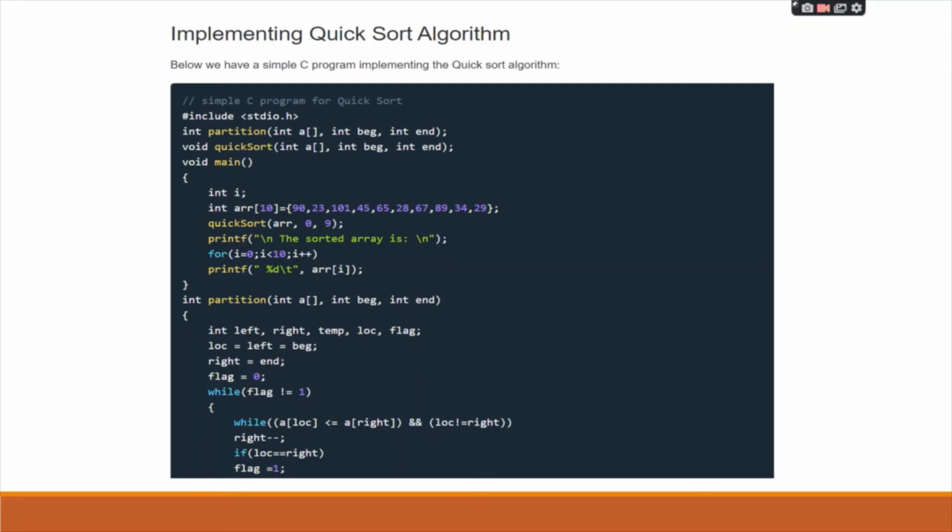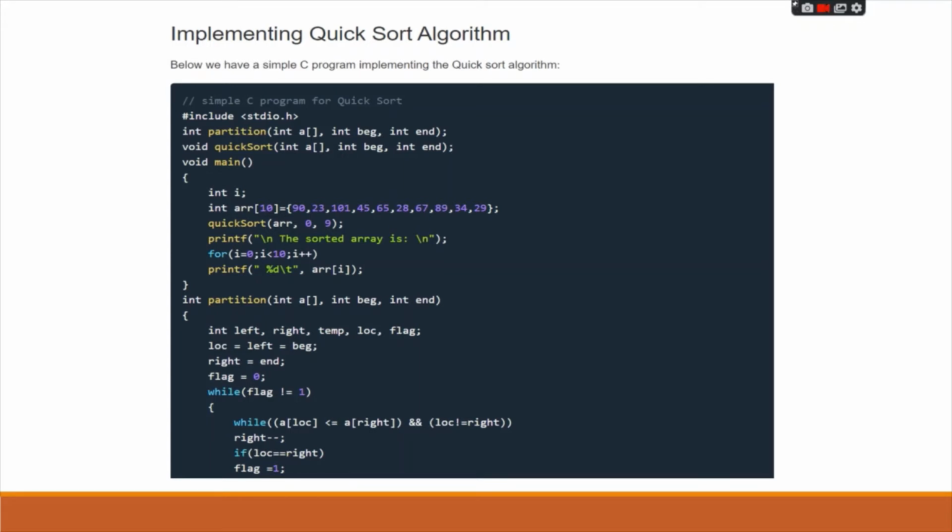Printf the sorted array, to print the sorted array for i equal to 0. That's the normal process for printing any array. Now we'll look into the next function, that is our partition. In the partition we have accepted three arguments, that is int array a, beginning and end, and we have taken left, right, temp, location, loc, flag.